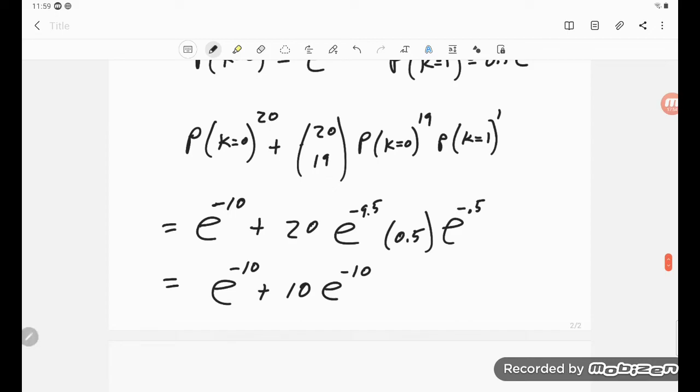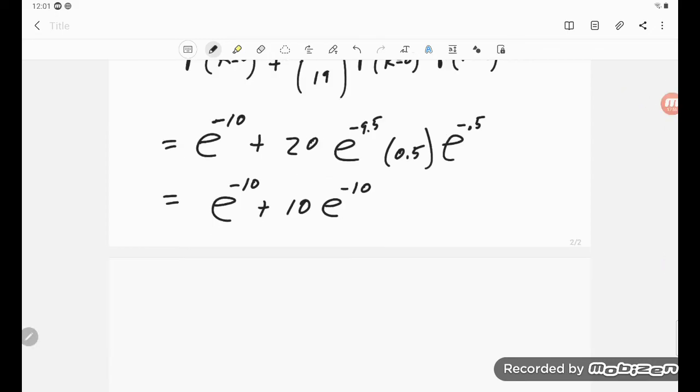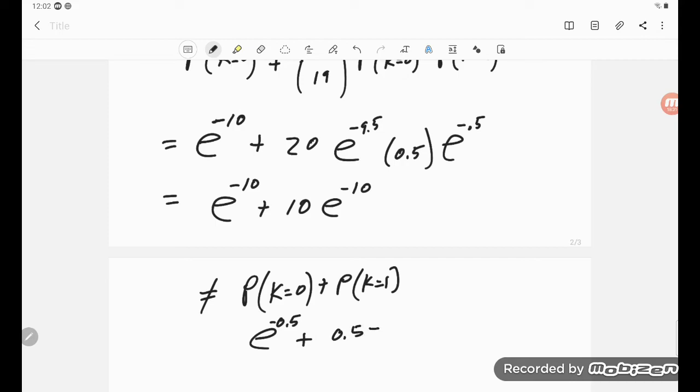Okay, let's pause it there. I had to go up and look at the probabilities. So notice this is not equal to, just to make sure I was doing it right, the probability that k equals 0 plus the probability that k equals 1, because that would be, in this case, e to the negative 0.5, and then plus 0.5 e to the negative 0.5.